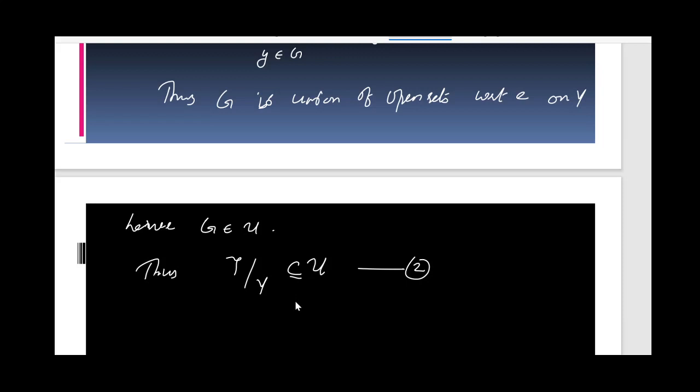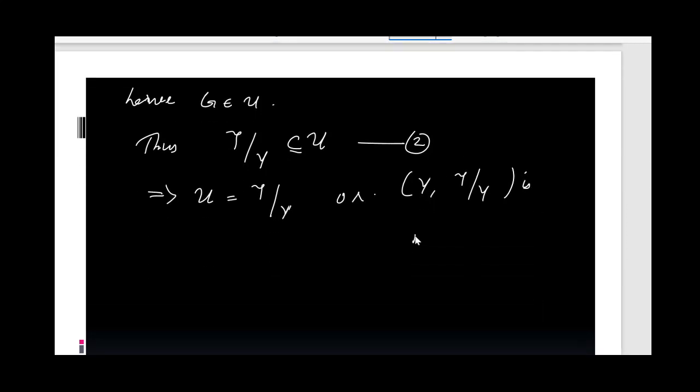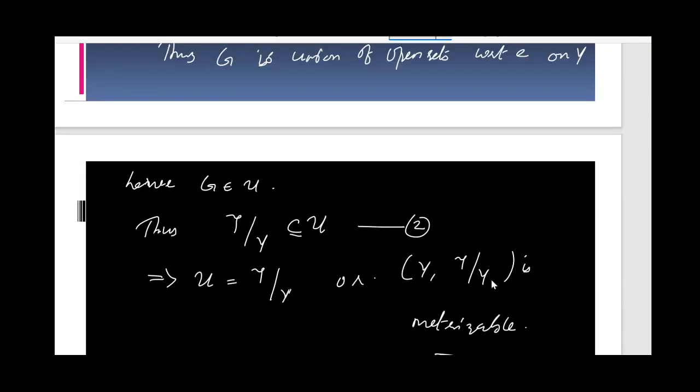Together this implies that U is nothing but T restricted to Y. So Y, T restricted to Y is metrizable. Thus we have proved that Y is metrizable. You have taken a topological space X and Y, a subset of X, and you have proved that Y is metrizable. So in today's class we have discussed the metrizable property.